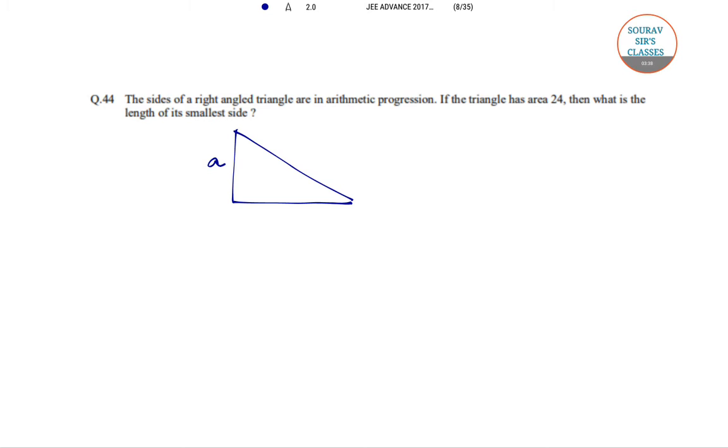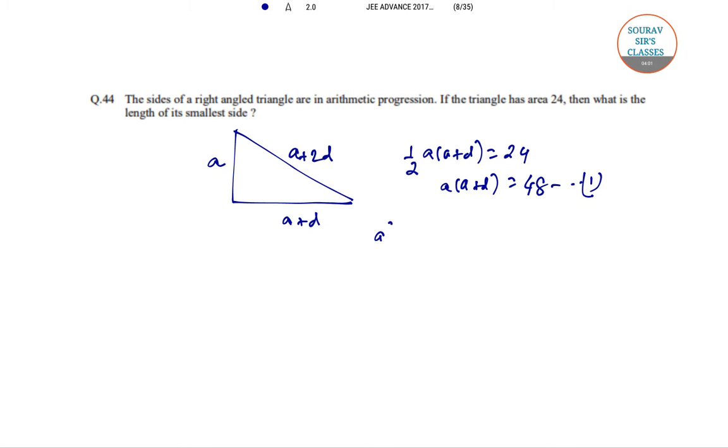If it is an arithmetic progression, we can take the largest side as a plus 2d, and the triangle has the area, so half into base into height is 24, so a into a plus d is 48. That is equation number 1.